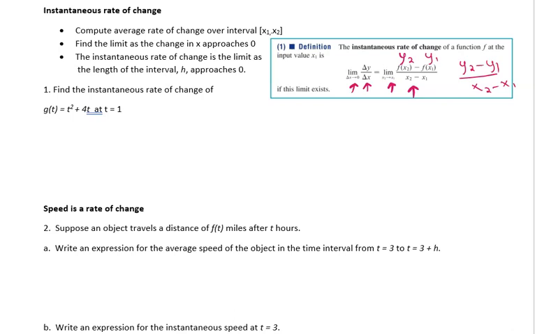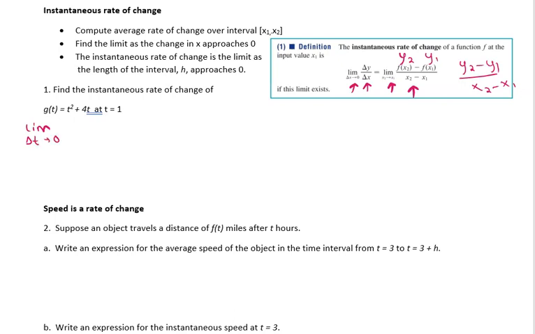For our first question, we have g of t. Now in our formula, we have f of x. Here we have g of t. It's the same idea, just with a different named formula. So what we're looking at here is the limit as the change in x. Well, the change in x this time is going to be the change in t because our variable is t. So our delta t is approaching zero.